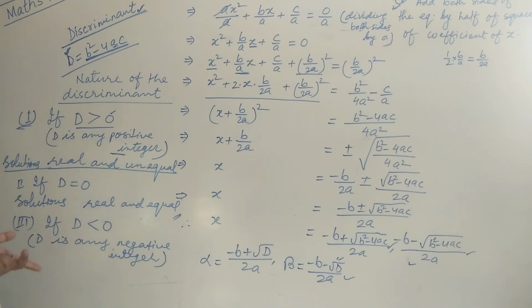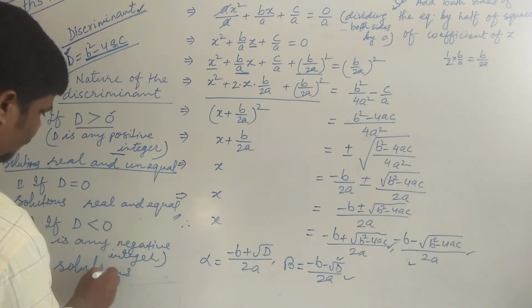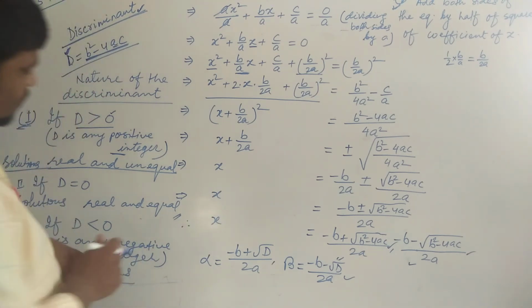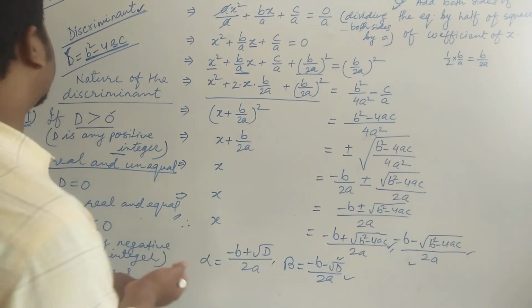So when D is any negative integer, obviously D will be less than 0, and at that time there will be no solutions. There are no solutions, meaning the value of x will not be obtained.